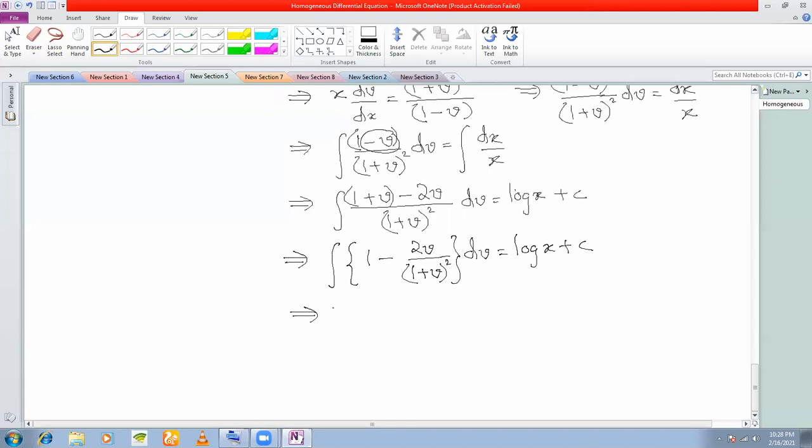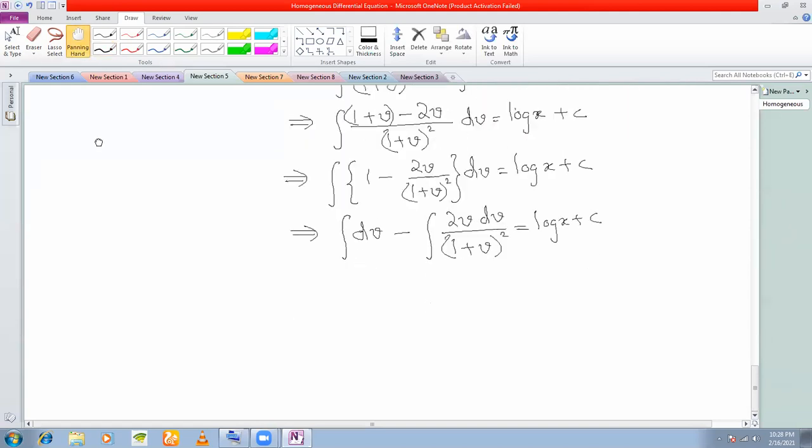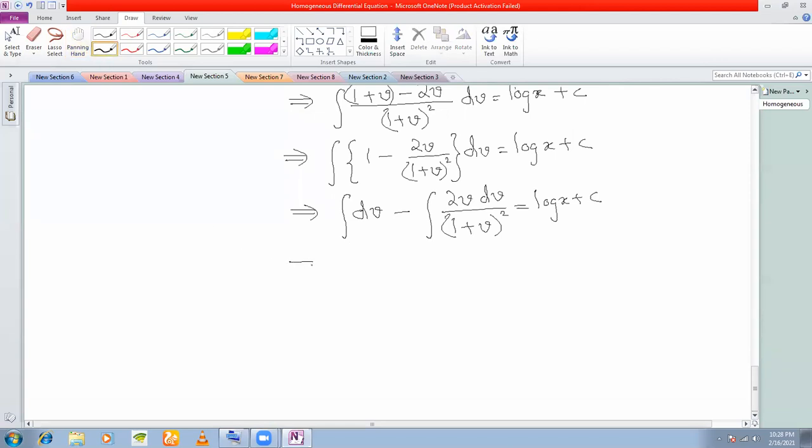That means now if you separate the integral, you get integral dv minus integral 2v dv divided by (1 + v)² is equal to log x + c. Okay, so integral dv is simply v minus.